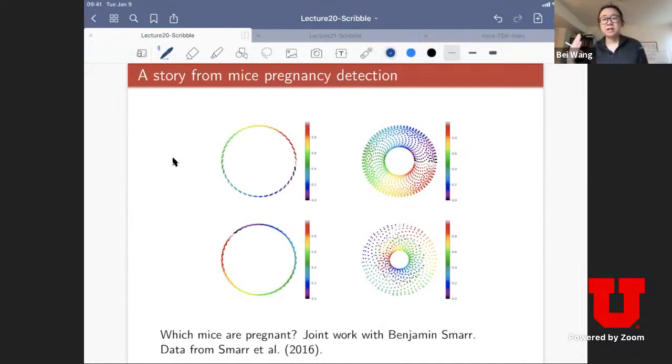If I were to ask you to make an educated guess, there are actually 4 subjects in this picture. Which ones do you think are the ones who get pregnant, and which ones are not pregnant?